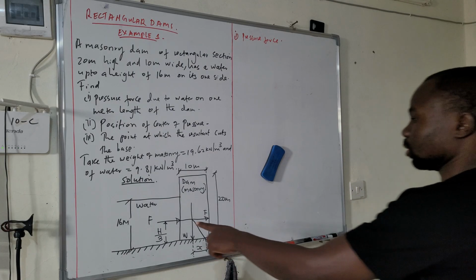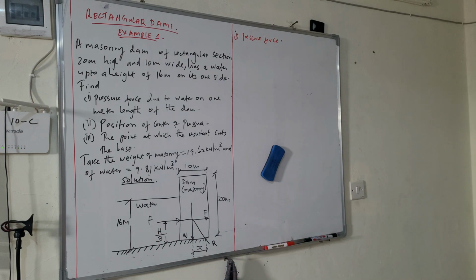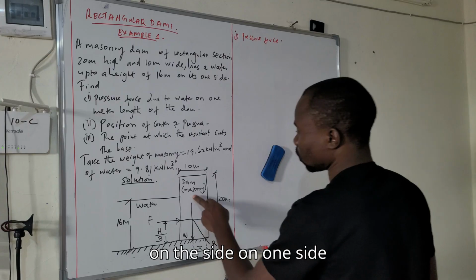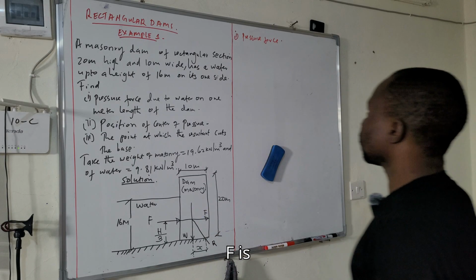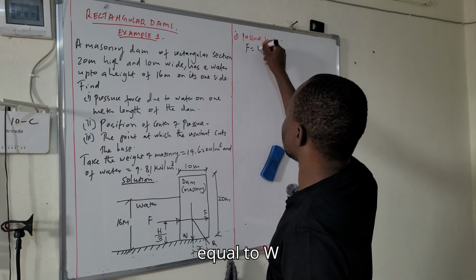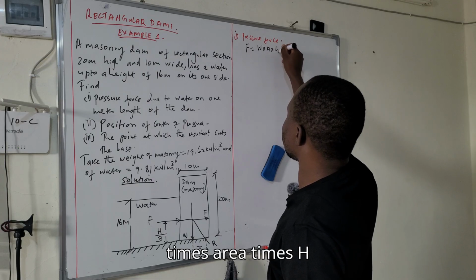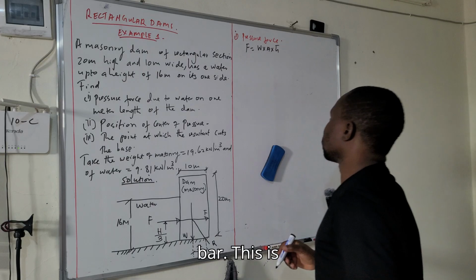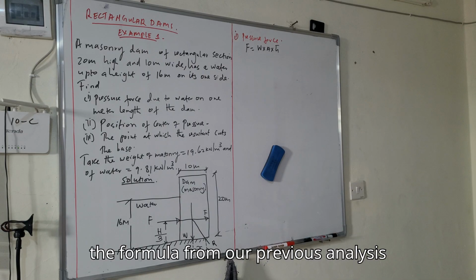This F is the pressure force of water on one side of the dam. So we know that F is equal to W times area times H bar. This is the formula from our previous analysis.